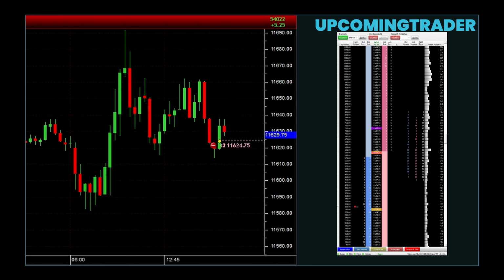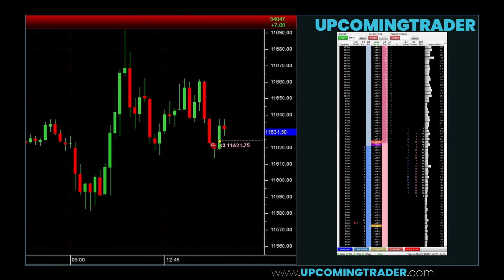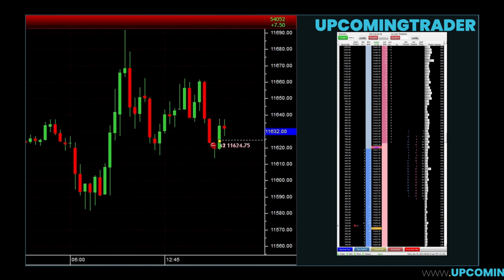For instance, if you notice a double distribution trend day, where the market forms two distinct areas of value separated by a sharp price move, this can indicate a change in market sentiment and could provide strong breakout opportunities.